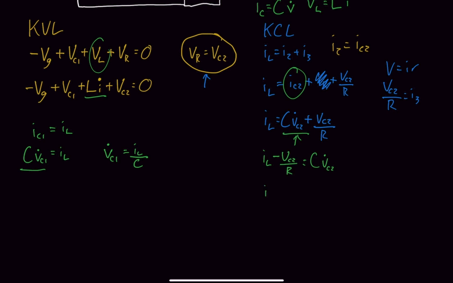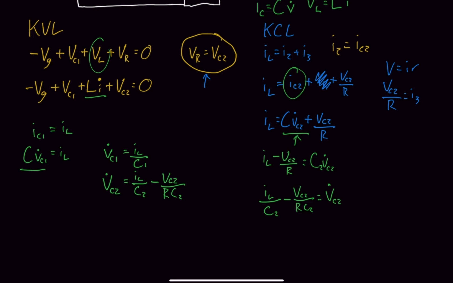Let's divide by C. IL over C minus VC2 over RC equals VC2 dot. So we write this here: VC2 dot equals IL over C2 minus VC2 over R C2. So now we've got our second part.